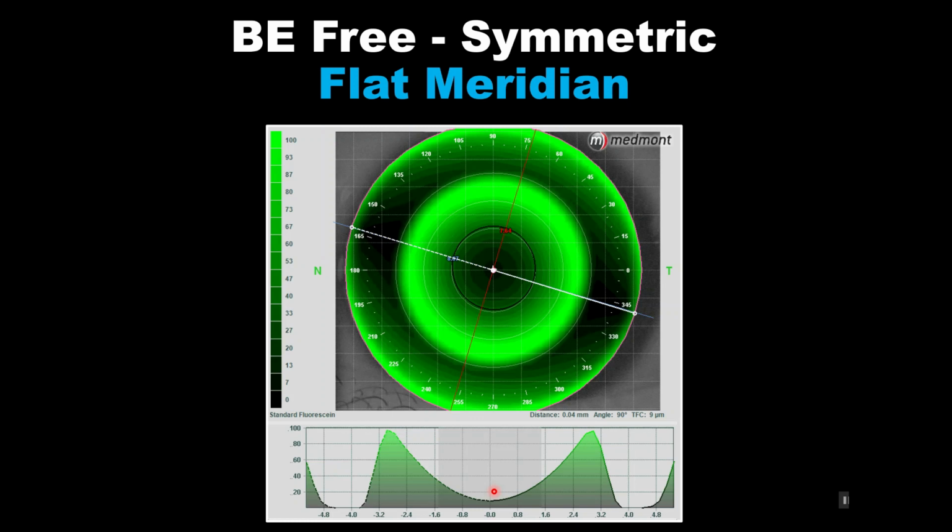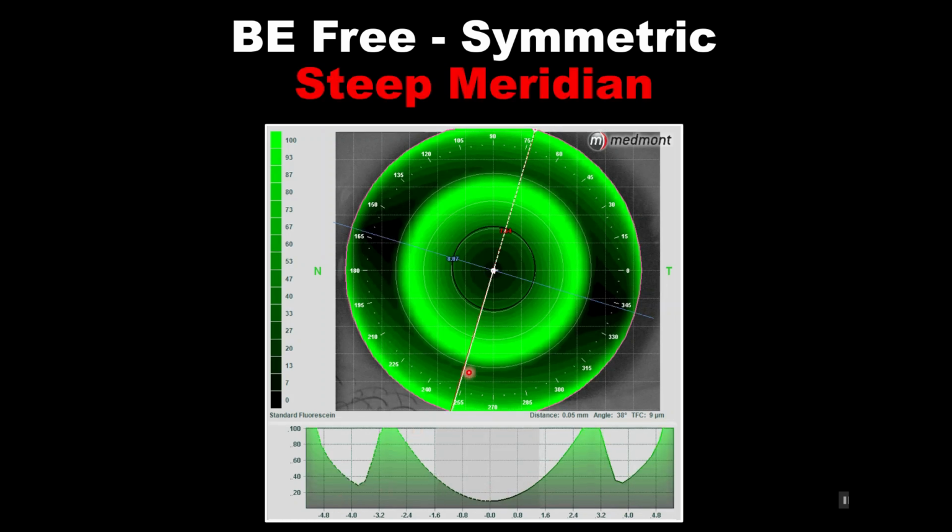The important thing being the lens clears the corneal apex by between 5 and 10 microns. We have our alignment out there in the periphery that traps in this reservoir that's going to create our myopic shift. Now let's go to the steep meridian.